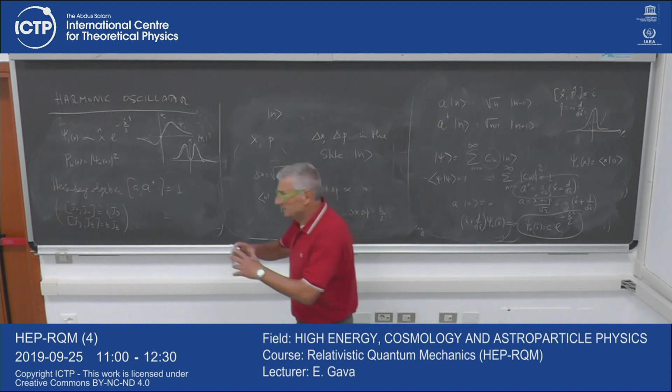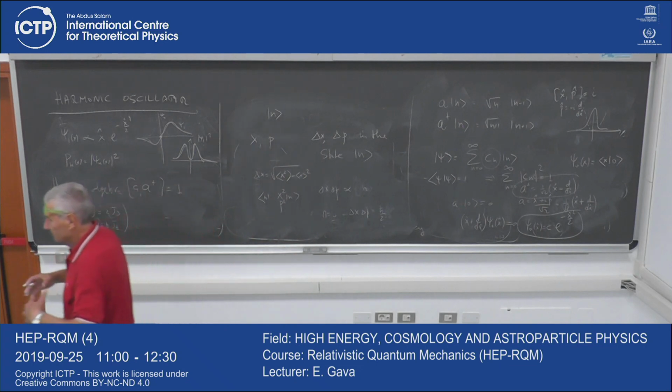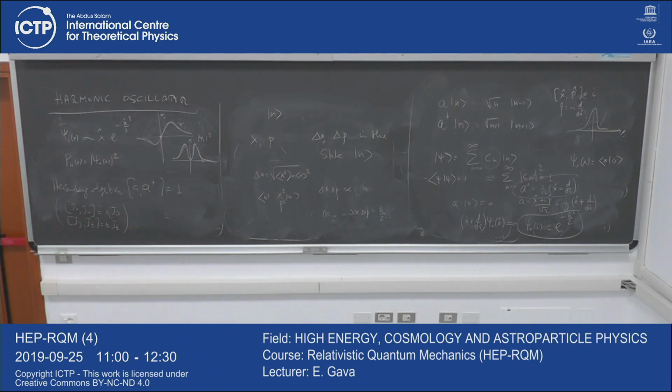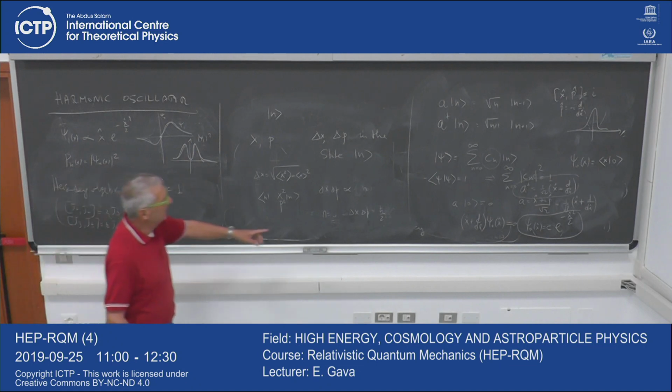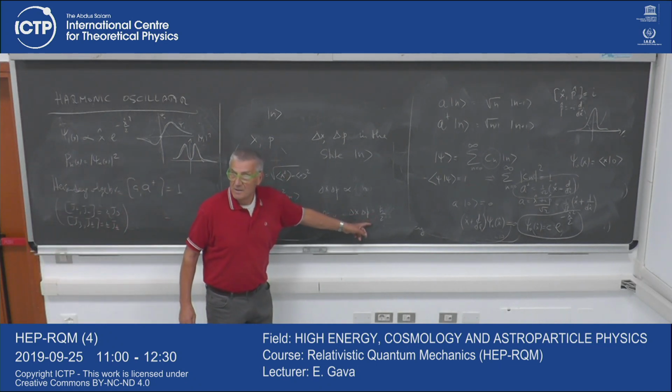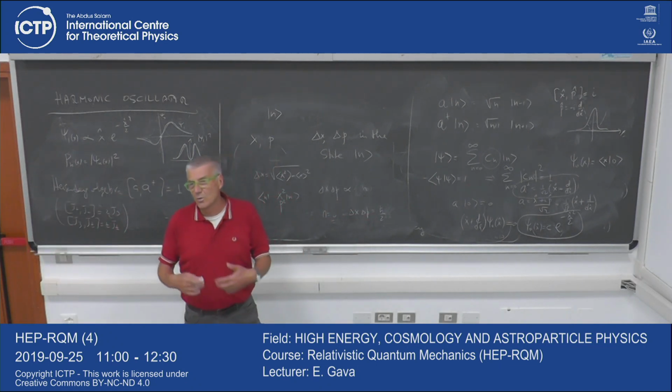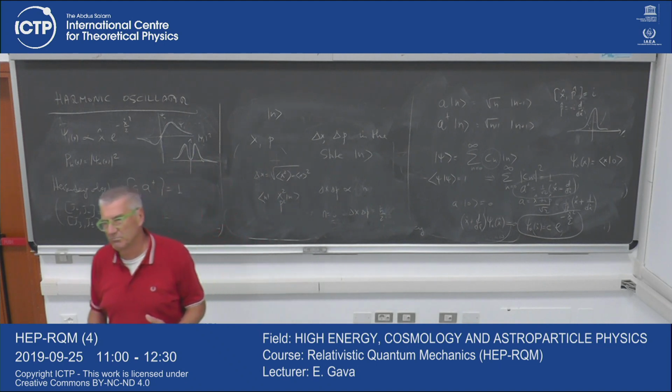This says that these states are very far from classical states, right? Because for states which are close to a semi-classical or classical situation, you would expect the minimal uncertainty. There is always an uncertainty, there is no way we can avoid this, h bar over 2. But for states which are close to the classical picture, it should be the minimal one.